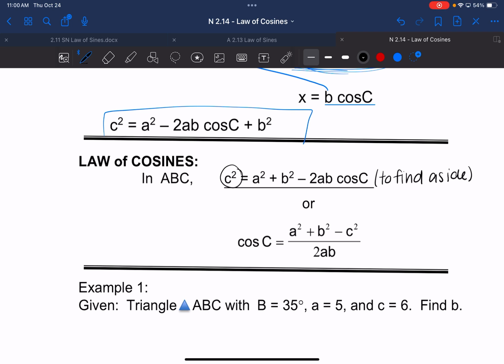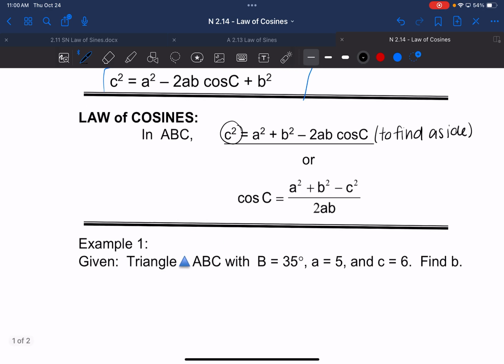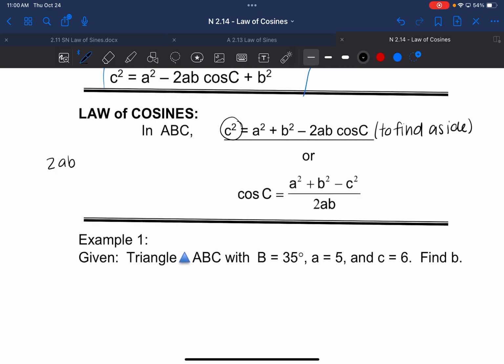All right? That second formula is still the exact same formula. They just moved things around. It looks like they moved cosine of c over to the left. So they took this whole piece right here, negative 2ab cosine of c, and moved it to the other side. Since it's negative, to move it to the other side, you'd add it. So I'd now have 2ab cosine c on this side.